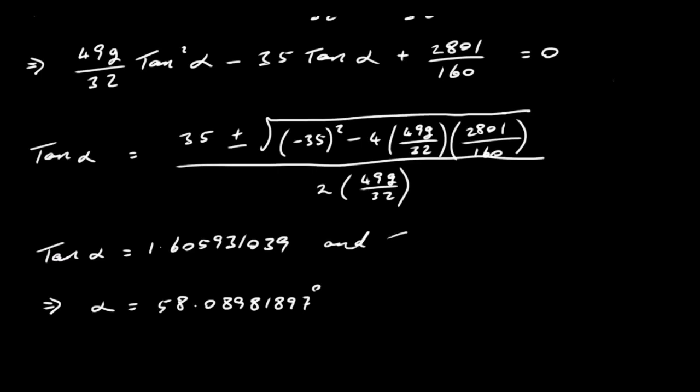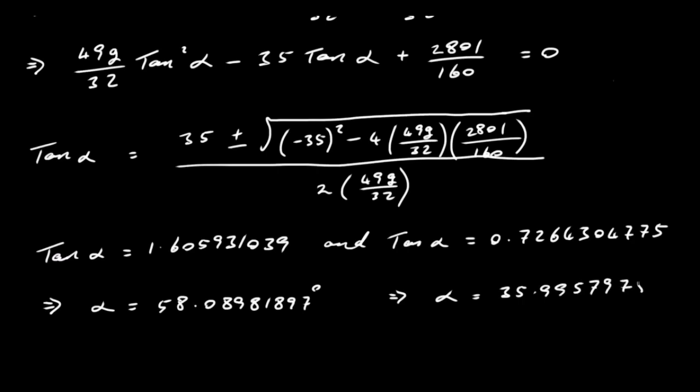You'll also get a tan of alpha equal to, when you do the minus version, 0.7264304775, and that'll give you an alpha of 35.99579782 degrees. Again, you could round that, so maybe 58.09 degrees, and let's say 36 degrees. Okay, and that's it for part 2.